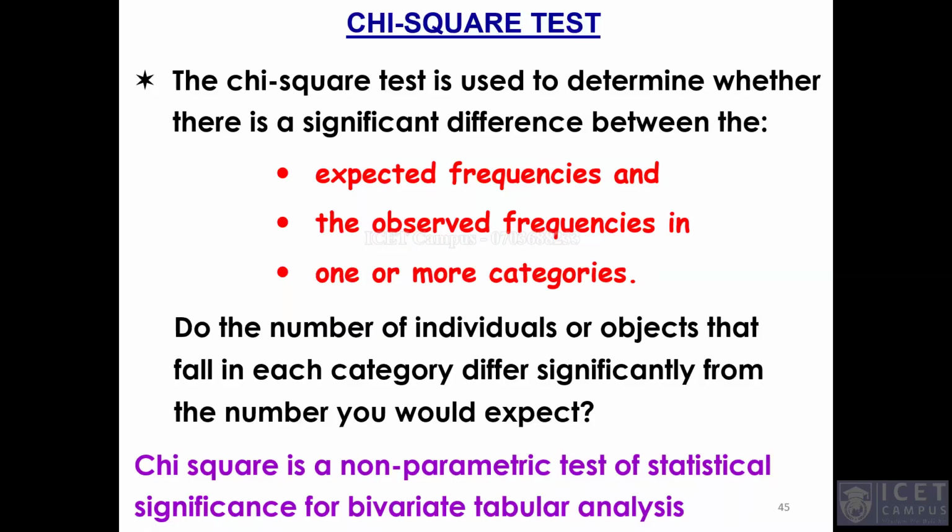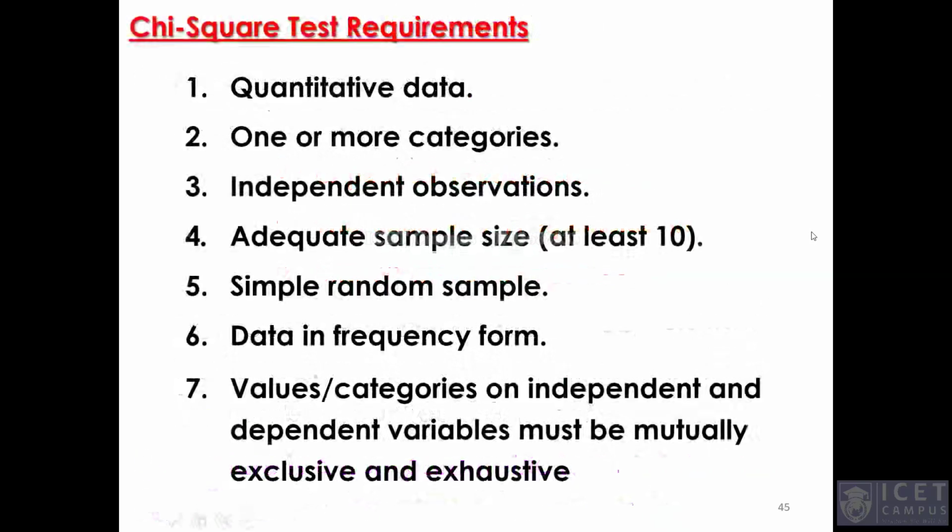The chi-square test is a non-parametric test. That is the most important thing. If the data is not normally distributed, we can also apply it. Then the chi-square test requirements.